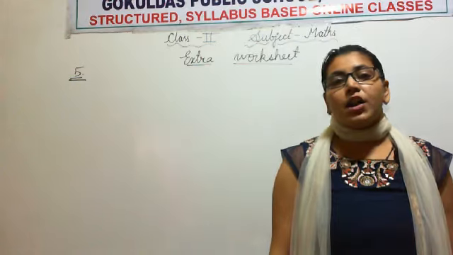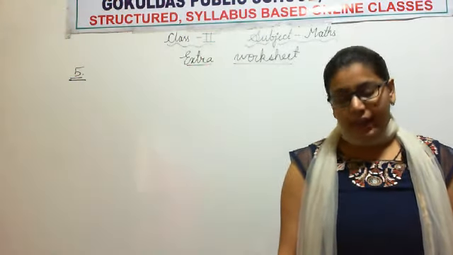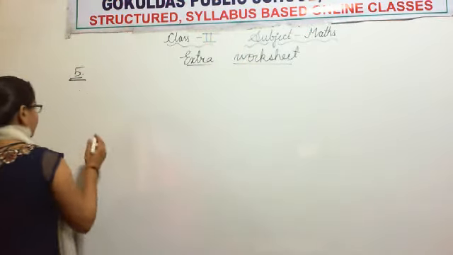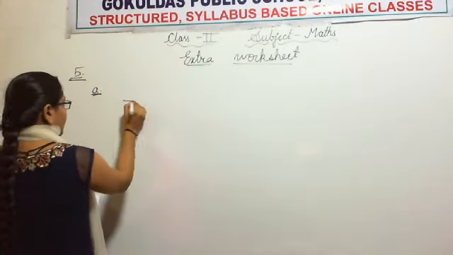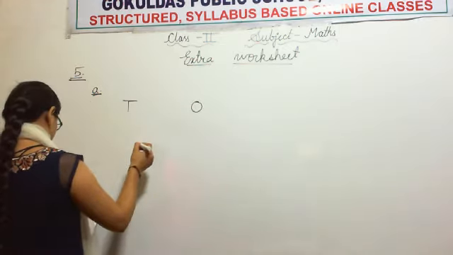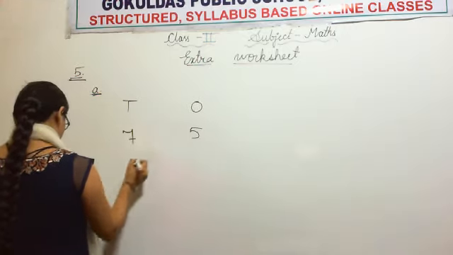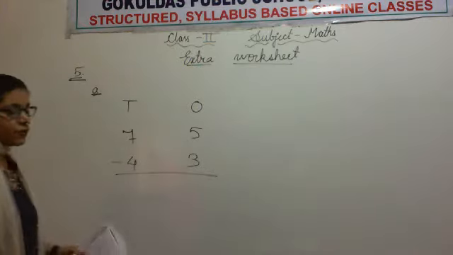So first of all, we'll subtract, then we'll check our answer by addition. So let's see part A. Tens, ones, let me write first of all. Now 75 minus 43.